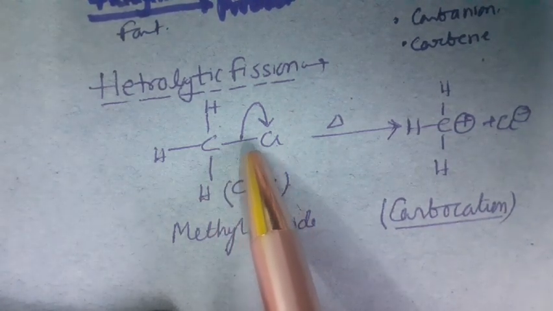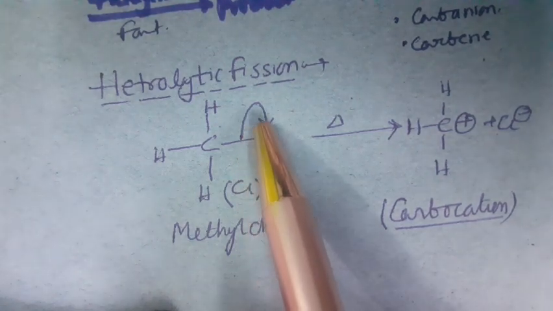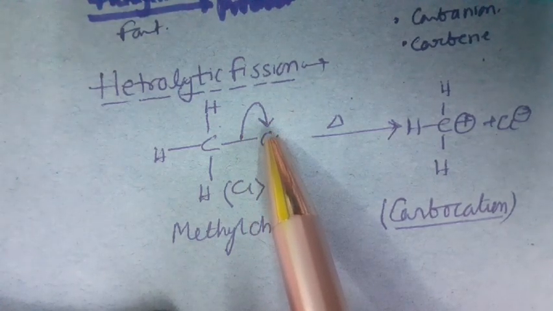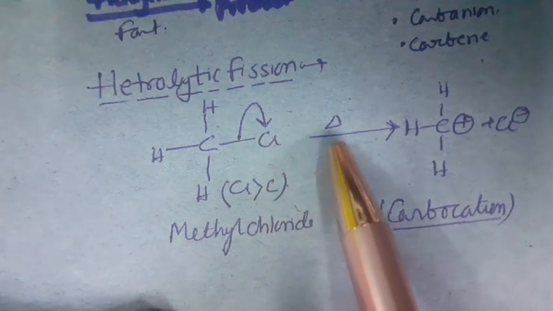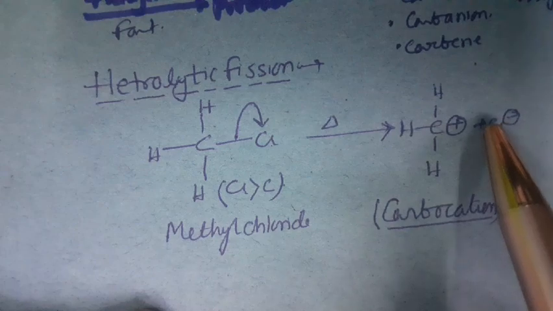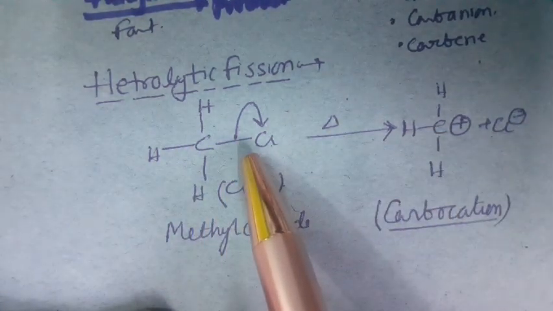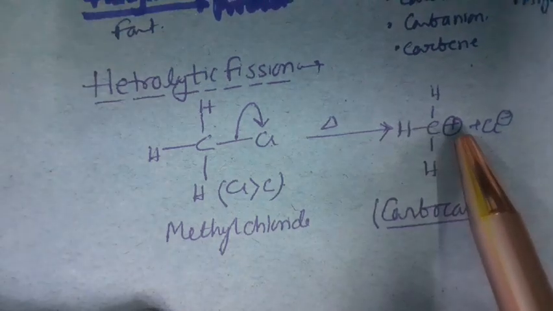So the chlorine atom has a tendency to attract the shared pair of electrons completely towards itself and results in the formation of Cl minus ion, and this is the rest part, CH3, and the tail part consists of a positive charge.